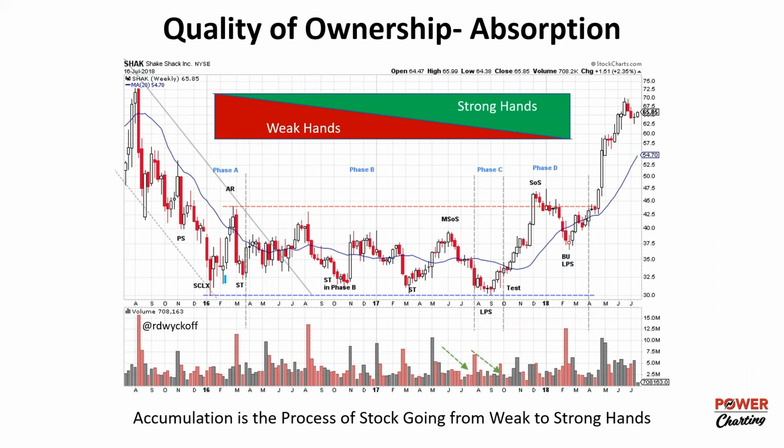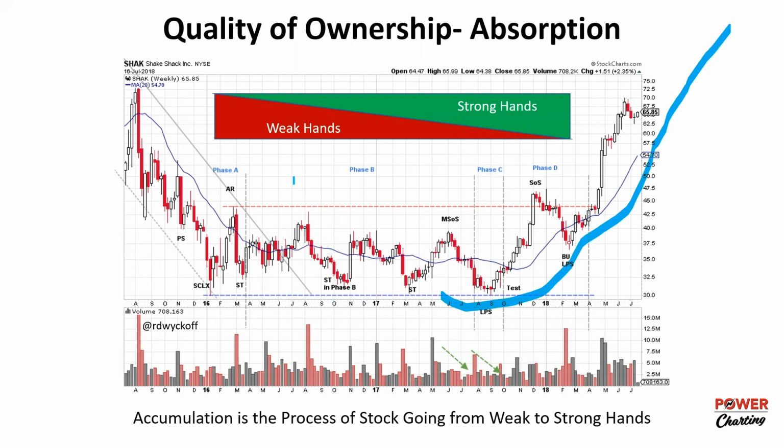Stocks go into downtrends because they are in weak hands. We want the sponsorship of these large institutional, very savvy composite operator types that are accumulating these shares because they see a huge potential for a long-term uptrend to occur.